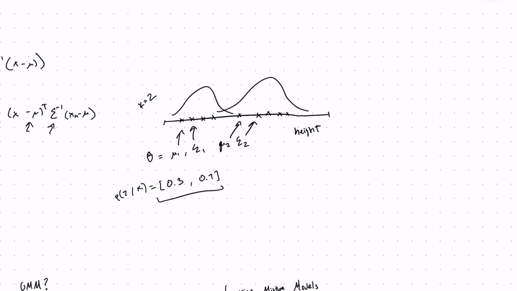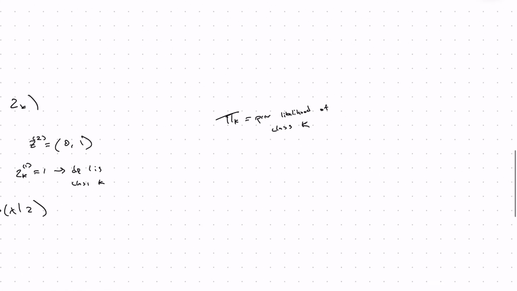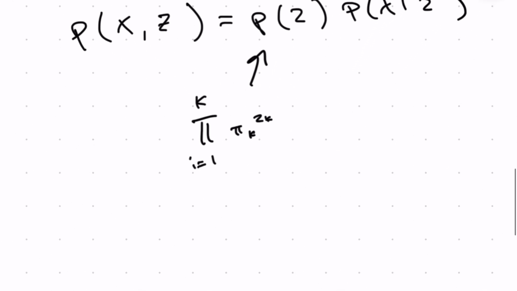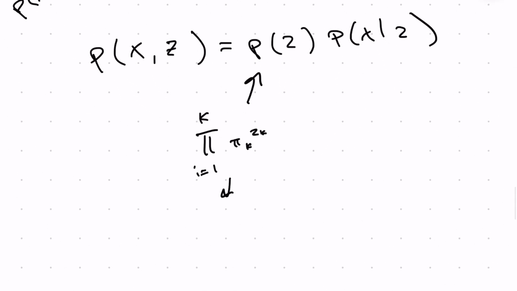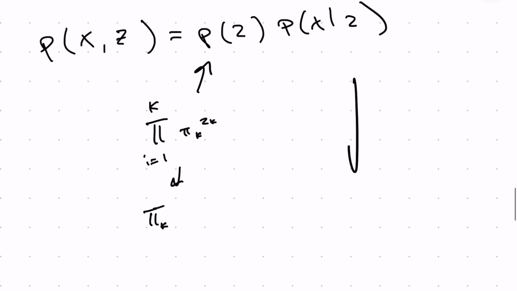If you're going to sample a point from this whole thing, pretend we have these 2 distributions, you're going to pick one of these at random, or pick one according to the probability, and then sample from that. So these are the probabilities. Okay, and then we're just multiplying them all together, and raising it to z, because then this is really just pi of k where z_k equals 1. Okay, and hopefully that makes sense. Okay, so now this thing.